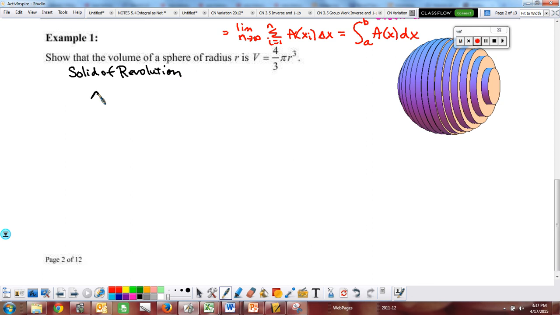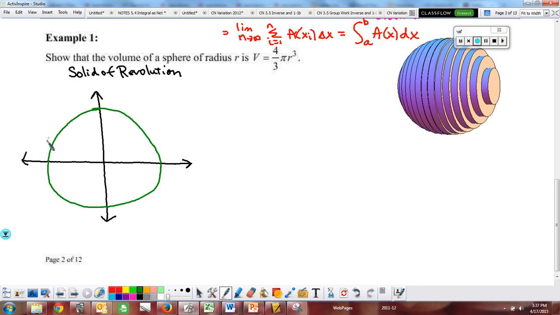So instead of going directly to my little sphere over here that I have already sliced into some approximations, I am going to start by thinking about the 2D version of a sphere, which would be a circle. So we're going to have a circle right here. It's going to have a radius r.